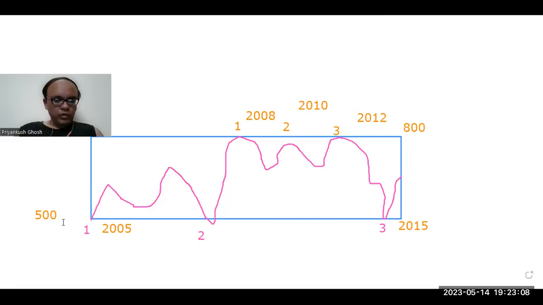So from 500 in 2005, it went to 800 rupees in 2008. So 800 rupees is the price at which it went at 1, 2, 3, in 2008, 2010, 2012. Three times it went to 800 rupees.